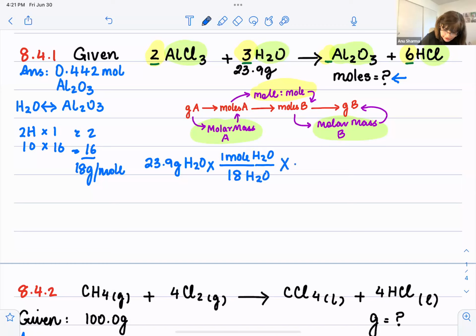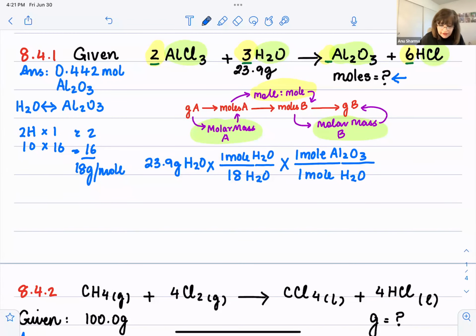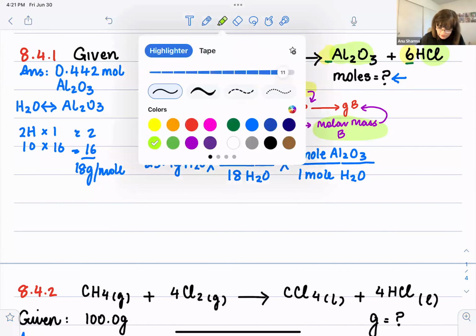Then multiply by the mole to mole ratio. The mole to mole ratio is 3:1. So 1 mole of Al2O3 goes on the top because that's what we need to find. We need to cancel out the moles of H2O, right? The question is asking us to find the moles of Al2O3. That is why these go on the top.